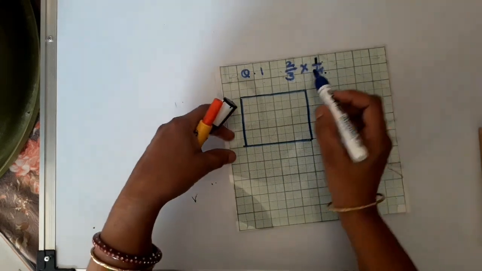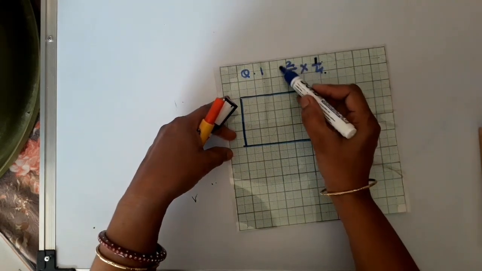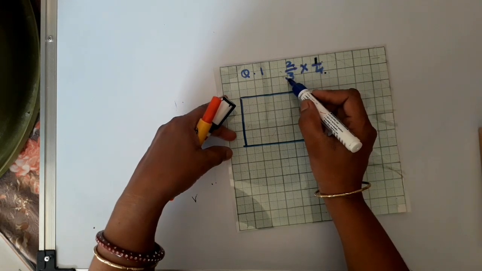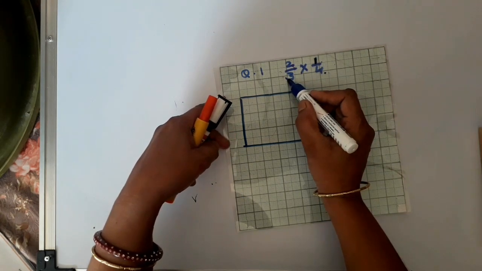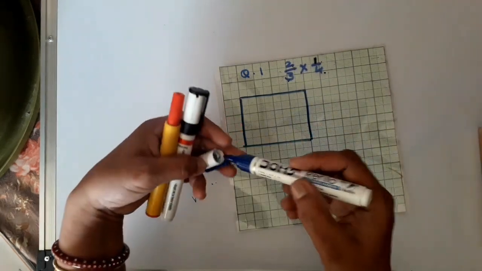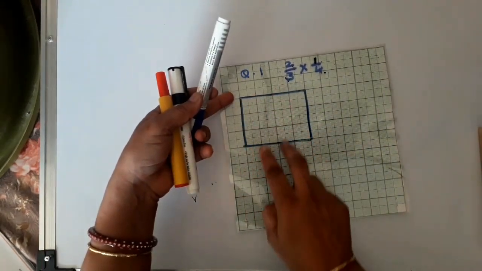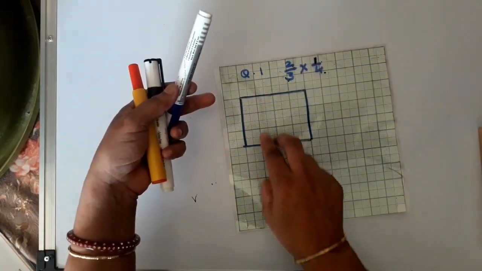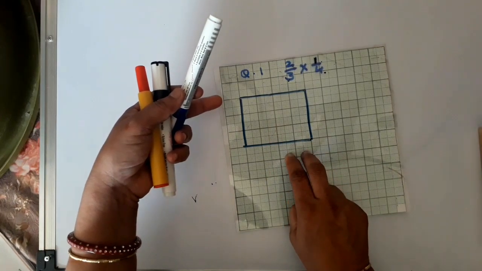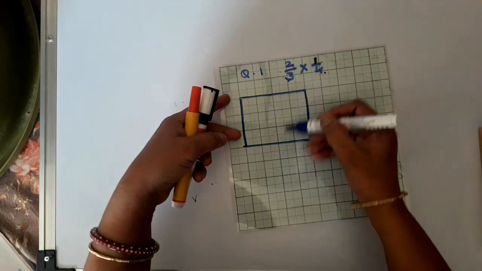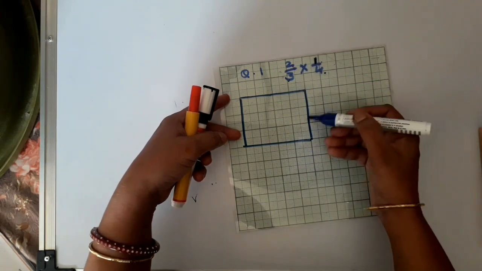Right? Now the first fraction, that is 2 by 3. So here I have to make 3 equal parts. Out of 3 equal parts, I will shade 2 of them. Now in the figure you can see, if I make vertical lines, then the thing will be divided into 4 equal parts.